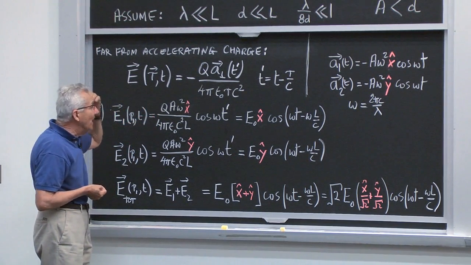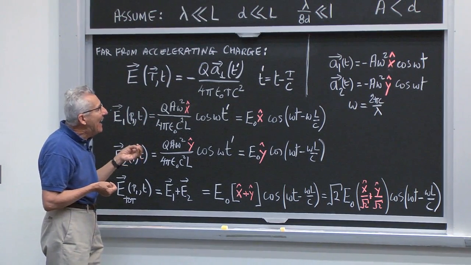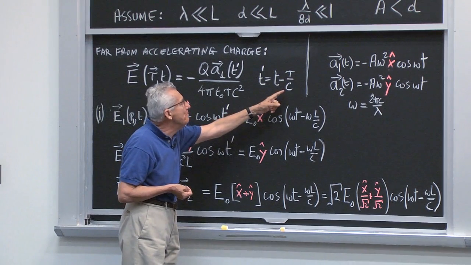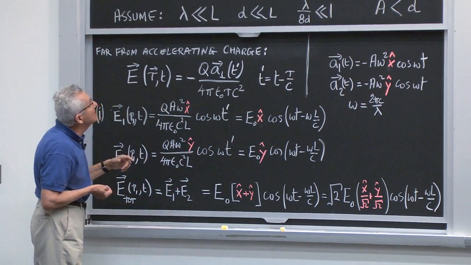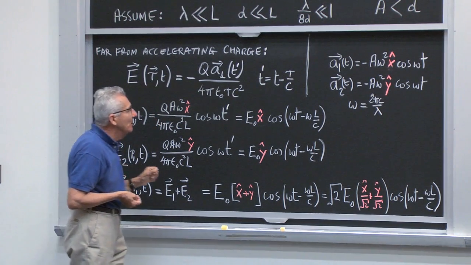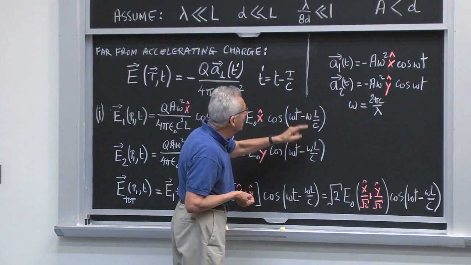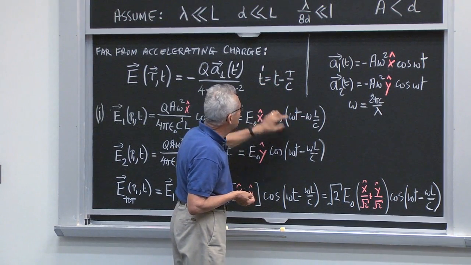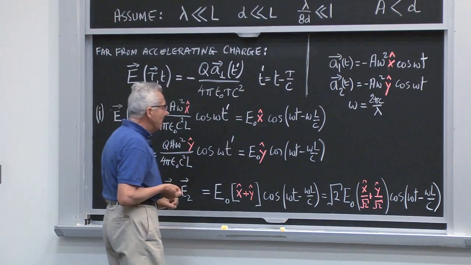Okay, so I don't even have to take the actual acceleration, it is the perpendicular component. And I have to calculate it at a time which is t minus the distance P1 is from my charges, which is L, so it's t minus omega L over c, if I calculate t prime in here.